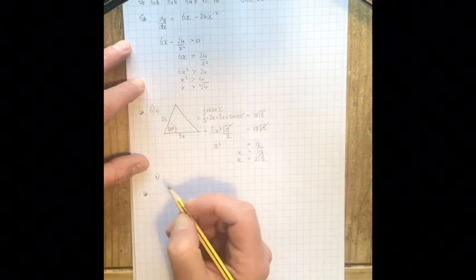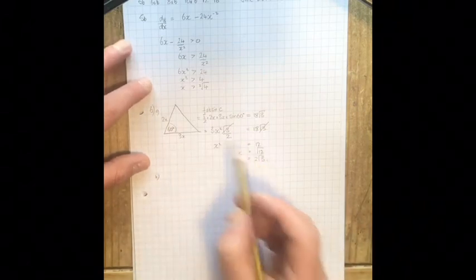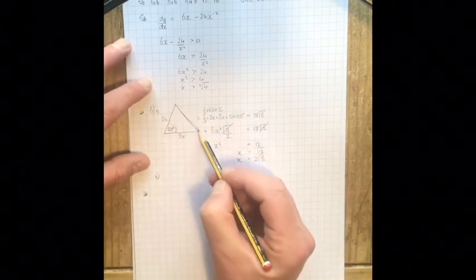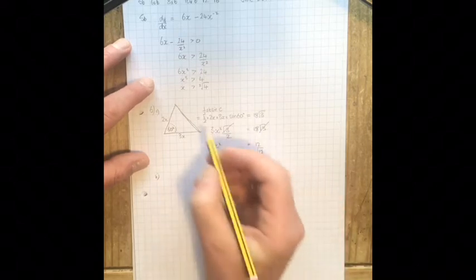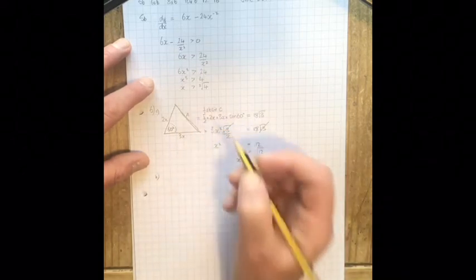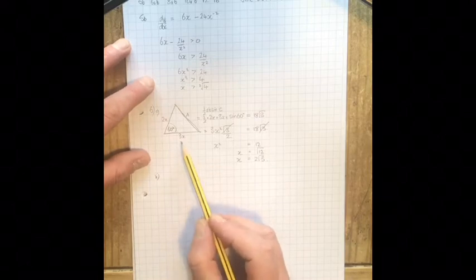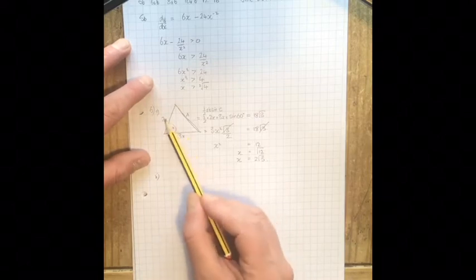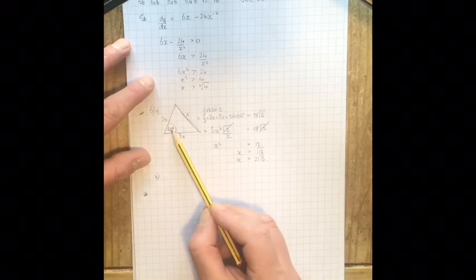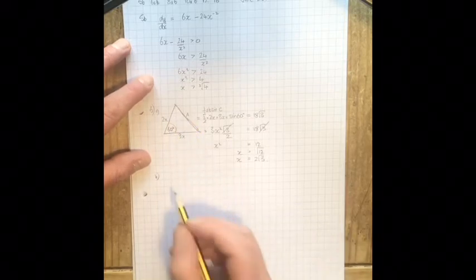Part B, hence find the exact length of BC, which is this side here. Let's call that A. If we know this length, and we know that length, and we know that angle, we want to find that length, and this looks like cosine rule.